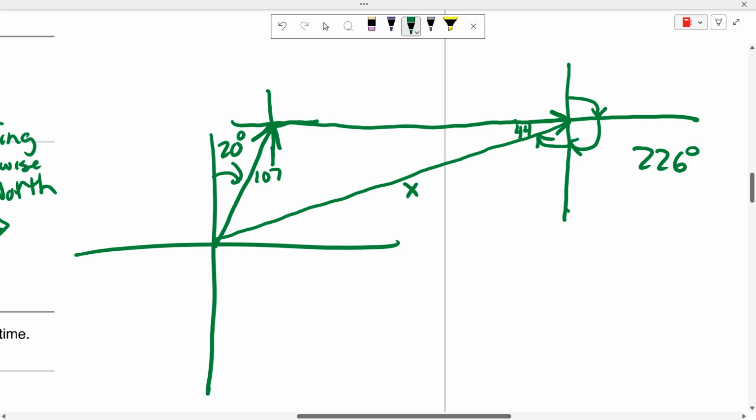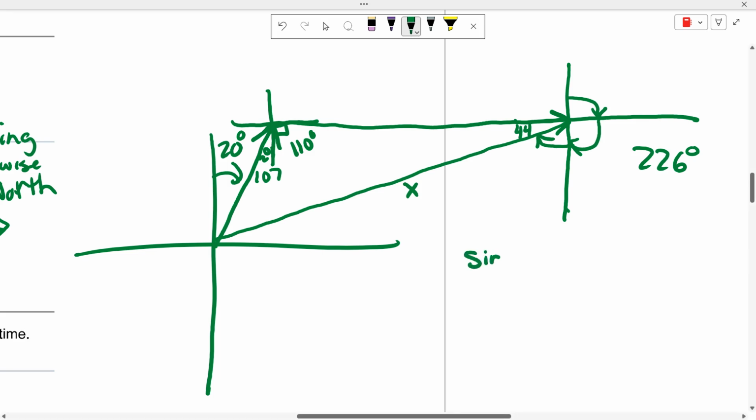I know up here that if this is 20 degrees right here, by alternate interior angles, this angle right in here is also 20 degrees. And then how many degrees is this angle right here? 90. So really, this angle up here is 110 degrees. I don't even need to know that angle down there. This is a 110 degree angle up here. This is 44. 44 is opposite of 107. 110 is opposite of x. Hey, I can do law of sines now.